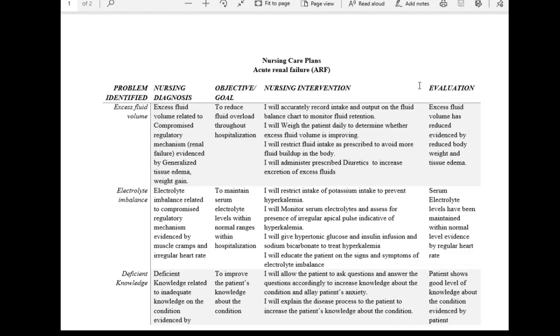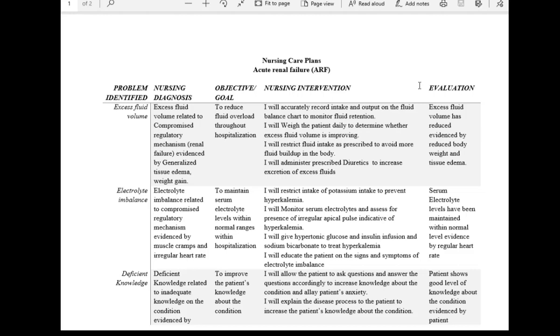Then the last point, I will educate the patient on the signs and symptoms of electrolyte imbalance to increase the knowledge of the patient.